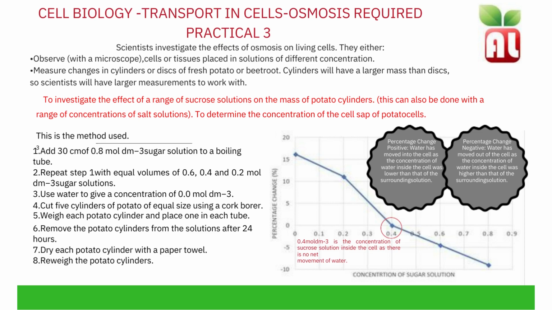You can plot these results on a graph. Where your line of best fit crosses the x-axis, where there is a 0% change in mass, that will identify the concentration of sugar solution inside the cell, as there will be no net movement of water when the concentrations are the same.